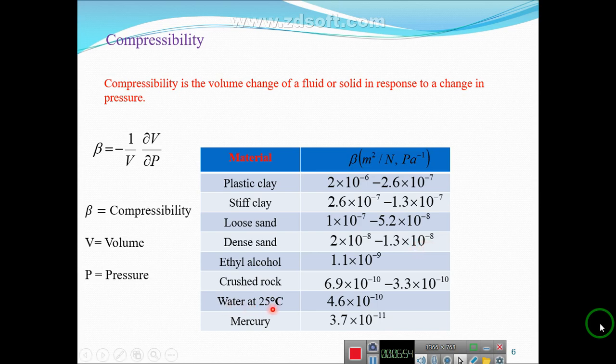For water at 25 degrees Celsius, the compressibility is 4.6 times 10 to power of negative 10, and for mercury it is 3.7 times 10 to power of negative 11.